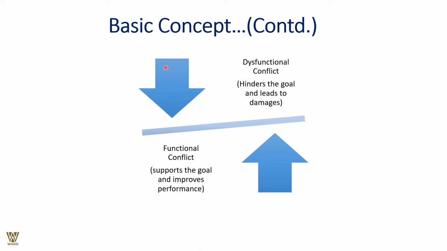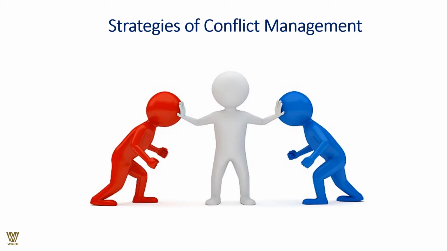Remember, all functional conflict is uplifting, whereas all dysfunctional conflict is going to trample you. Dysfunctional conflict hinders the goals and leads to damages, whereas functional conflicts are supporting the goals and improving the performances. So an element of conflict is always required. It is required to be healthy, to be on your toes, and that is what is being prescribed. So nothing like it.